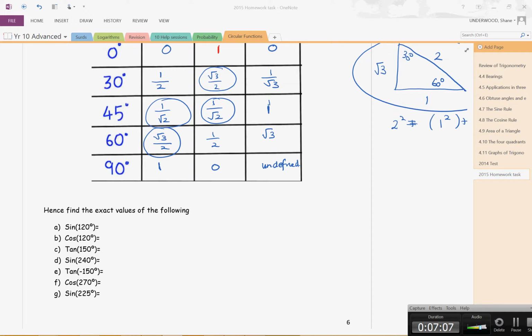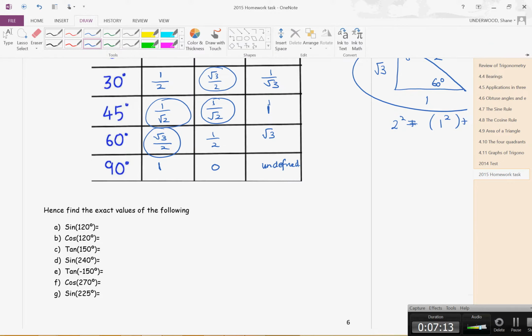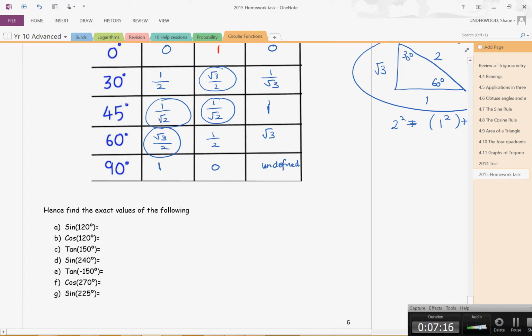All right. Now, what we're going to do now is that we've got to consider the unit circle, and what did I say about the unit circle? Now, we had a little mnemonic to remember it. But what does A, S, T, and C mean? All. So they're all positive in this quadrant. In other words, sine, cos, and tan. That's why we have a reference angle in the first quadrant.